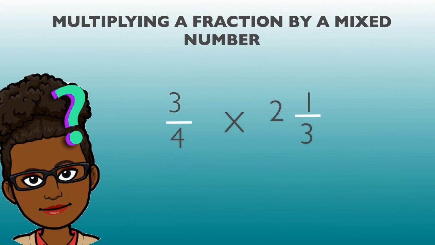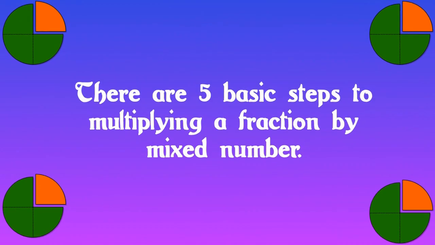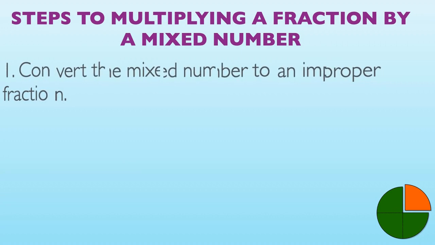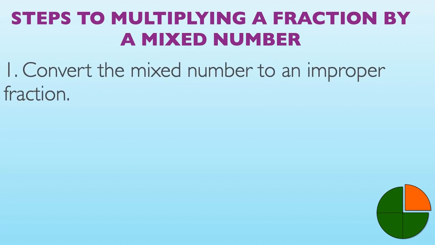So let's look at this. What is 3/4 multiplied by 2 and 1/3? Well, to multiply fractions like this, there are 5 basic steps. Yes, and some of these steps are similar to us already. Let's take a look. Step 1 says that we convert the mixed number to an improper fraction. And we know how to do that, right?